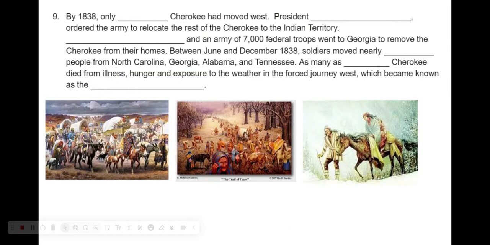So, by 1838, only 2,000 Cherokee had moved west. President Martin Van Buren, who is now the new president of the United States, ordered the U.S. Army to relocate the rest of the Cherokee to the Indian Territory. And this is where we get into the Trail of Tears, so to speak.